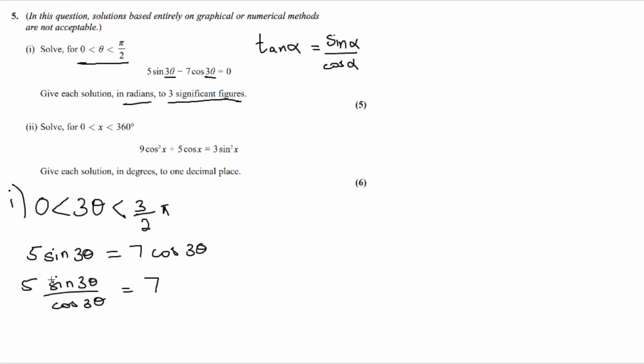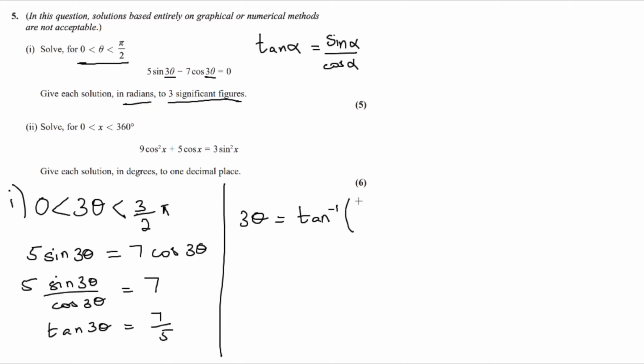And then I'm going to divide both sides by 5 at the same time. So I have here tan 3 theta equals 7/5. Now, in order to find the angle 3 theta, I'm going to take the inverse tan on both sides, which will give me 3 theta is equal to the inverse tan of 7/5.